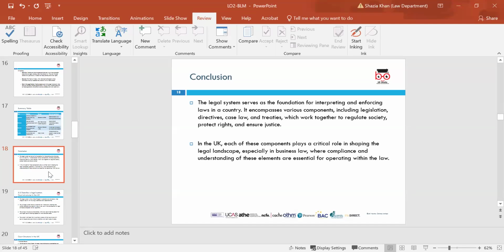In the UK, each of these components plays a crucial role in shaping the legal landscape, especially in business law, where compliance and understanding of elements are essential. It's really important that each area is covered and each business is complying with the laws.